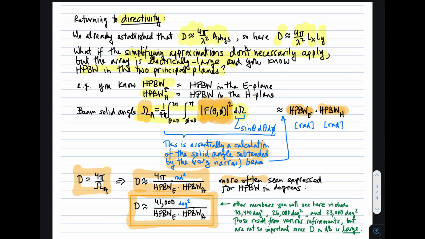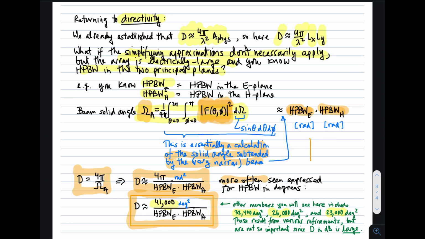And I'll point out that if you see this in antenna textbooks, you will see a range of possible values here. 41,000 is actually probably the highest value you'll see. You'll see various smaller values such as 32,400, 26,000, and 23,000. And this results from various refinements.